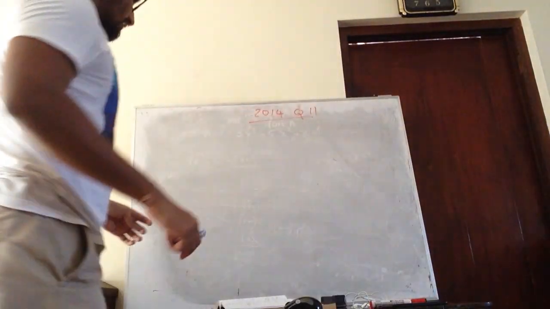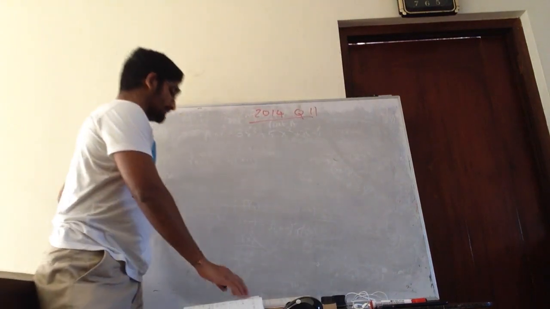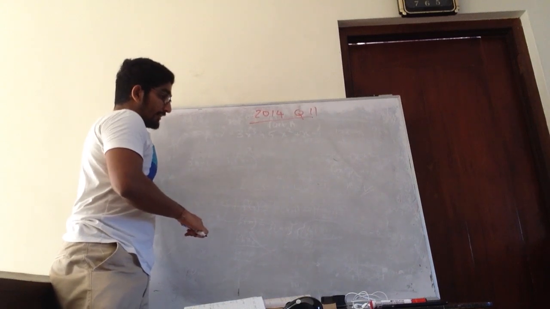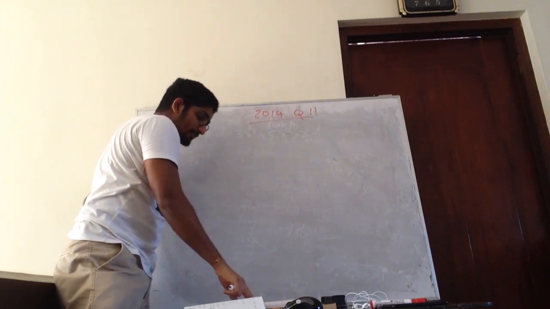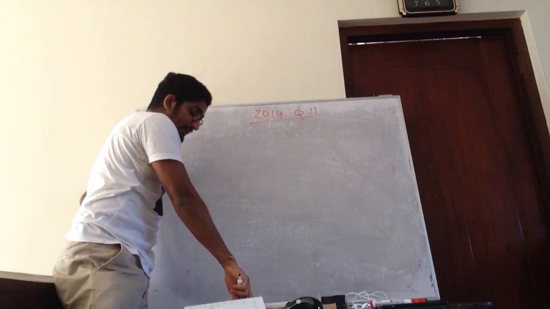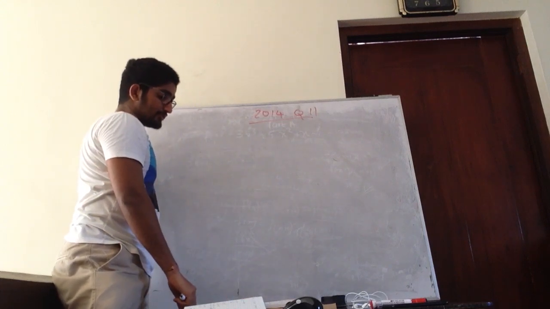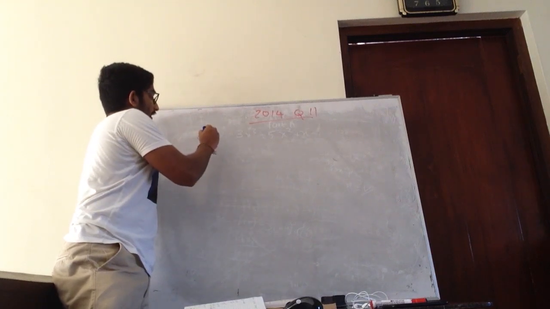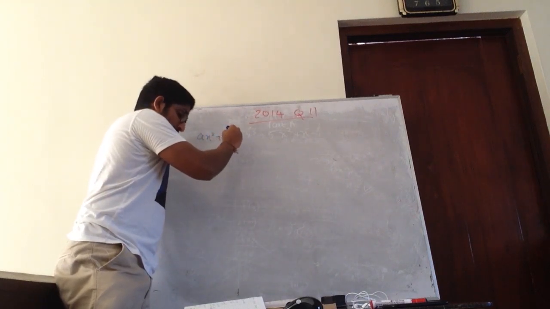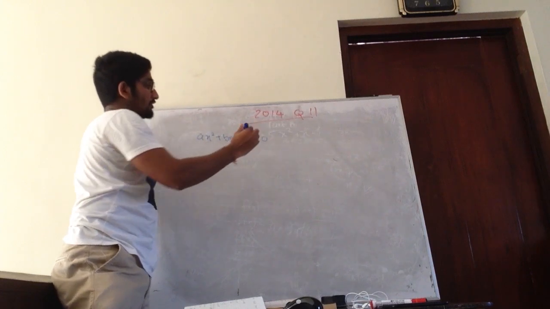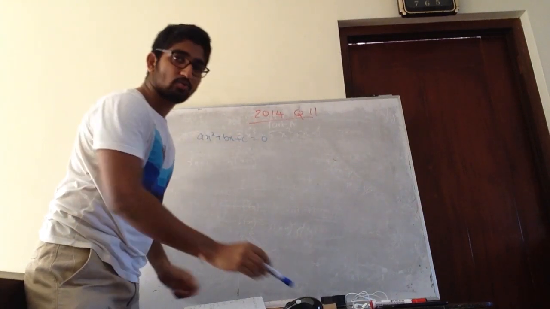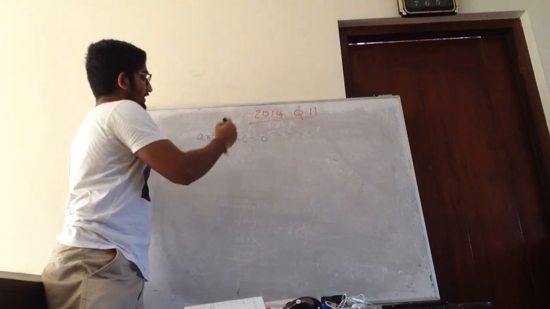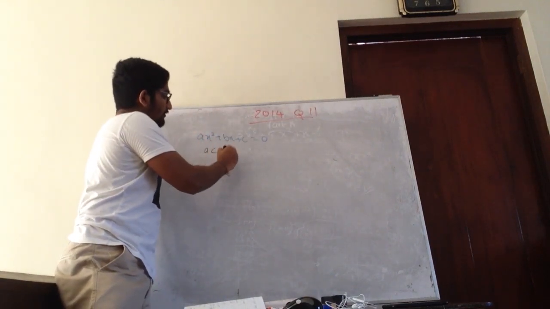Part B says, let a, b, c be real numbers and ac is not equal to 0. Show that 0 is not a root of the equation ax squared plus bx plus c equals 0. Now they are saying something very important here, that ac is not equal to 0.